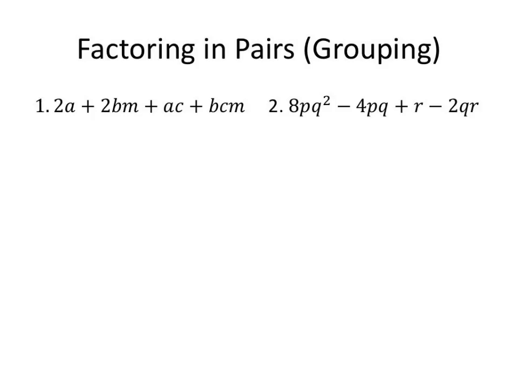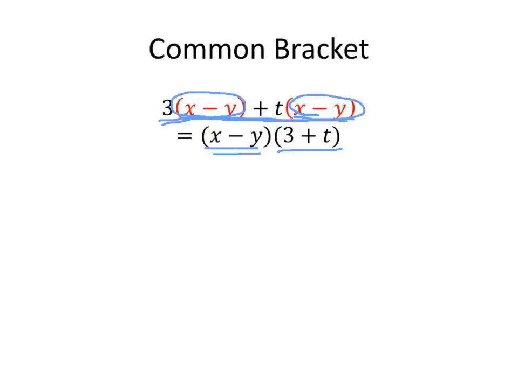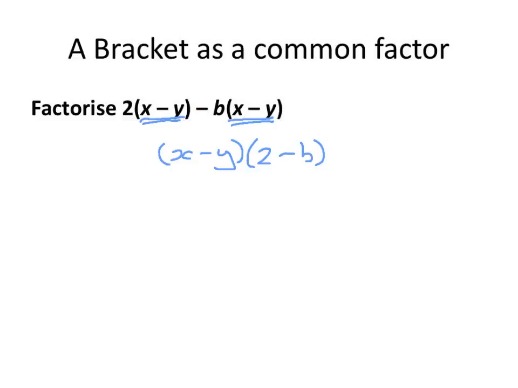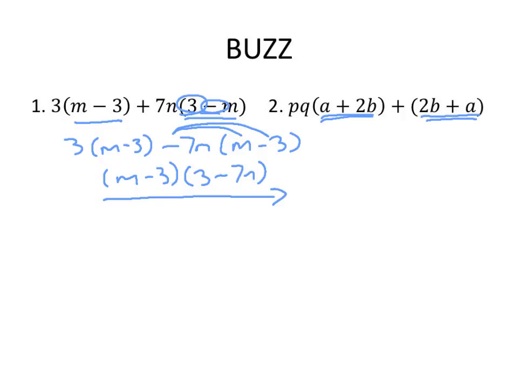Right. Oh wait, we've still got this question to do. In this question, I've got a plus 2b and 2b plus a. Remember what we said right in the beginning, that a plus b and b plus a are exactly the same. So that applies here. I've got a plus 2b, I've got 2b plus a.